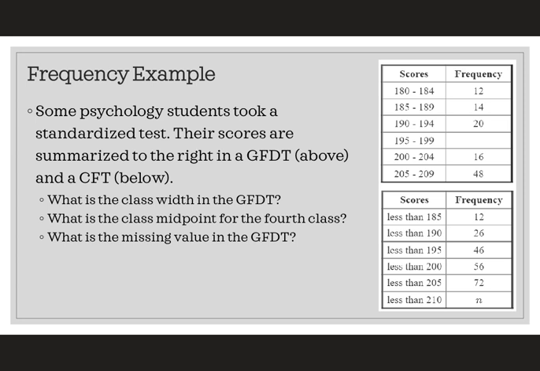So what is the class width in the GFDT? We are going to treat it like discrete data, assuming that you cannot get half points. So class width in the top is going to be 184 minus 180, which is 4, plus the 1, which gives us a 5.